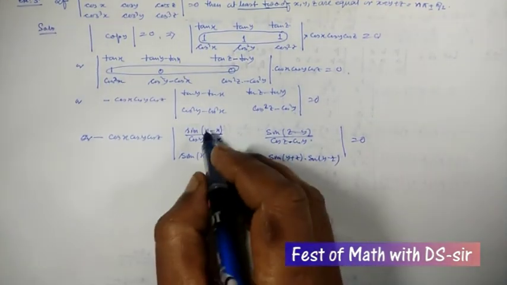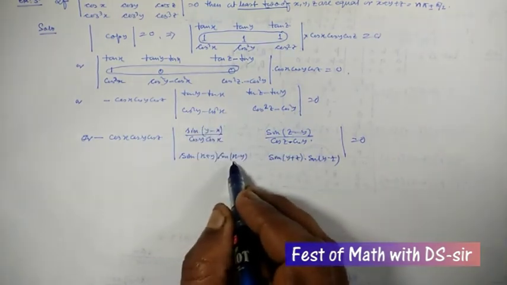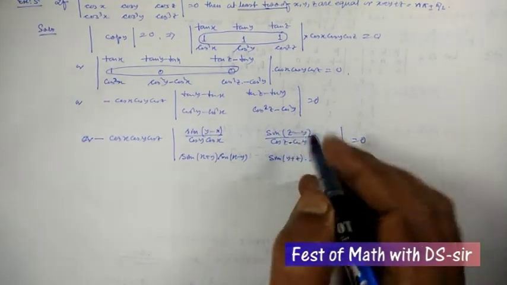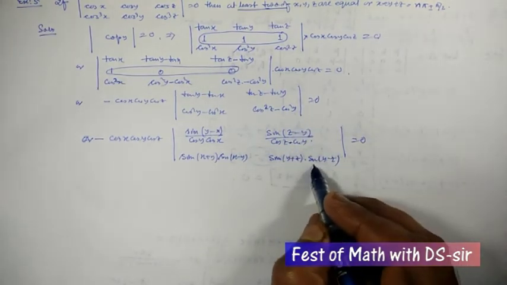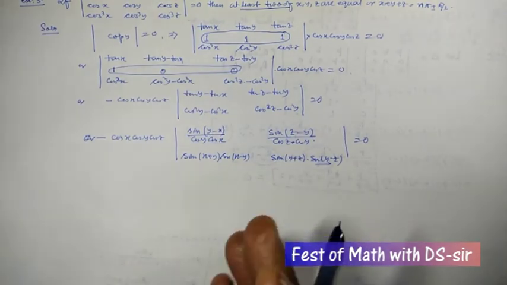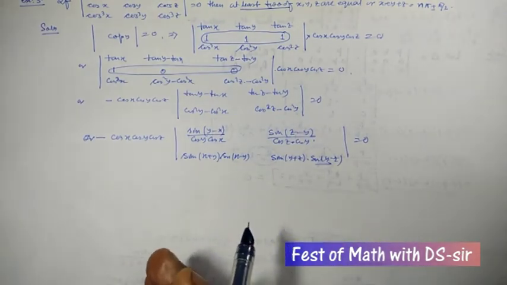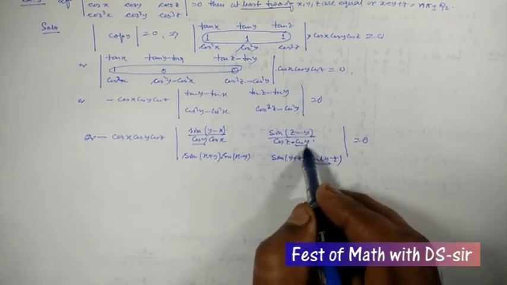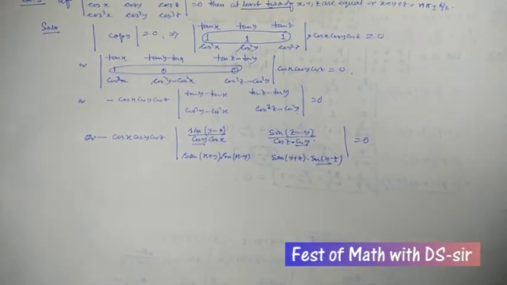Formula. So sine of (y minus x), we can take common. Sine of (z minus y), we can take common. And after that, we'll expand this too. And also cos y from first row.